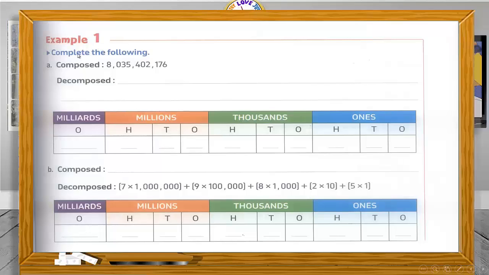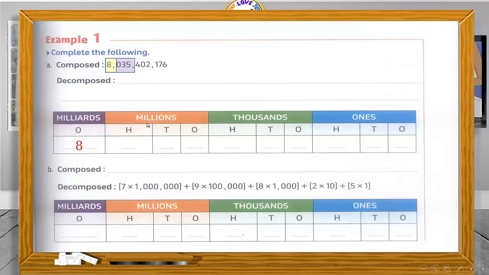We have here an example: complete the following. It tells you here to decompose. We will start by writing all the digits inside the chart. In the first period we have 8 in the milliards place.